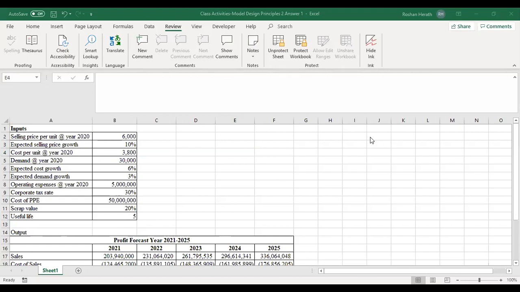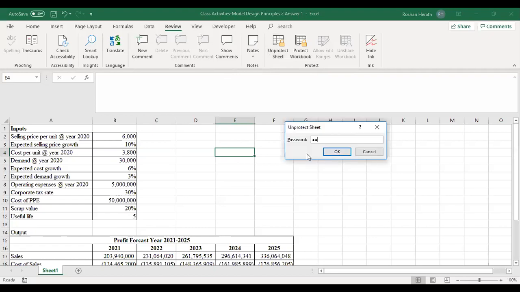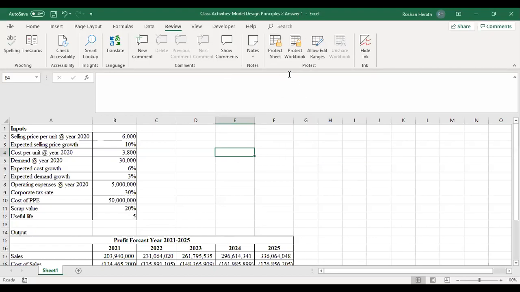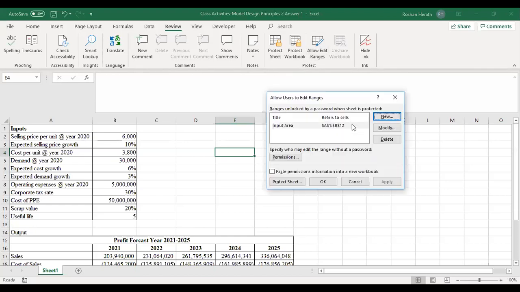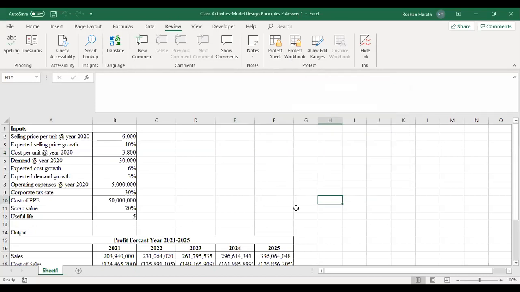Okay. Now let me remove these protections and let's try that out. Now I believe no protection is there. Now you can type on any area, right? Now I have gone back to the original, so it is an unprotected sheet.